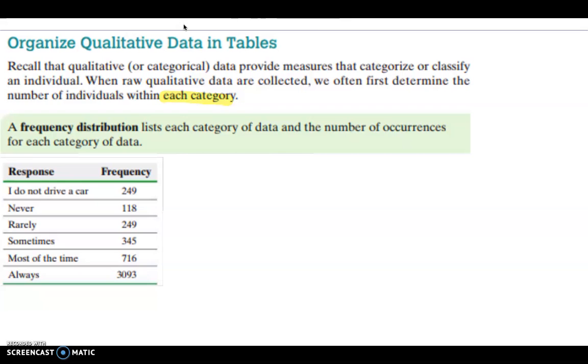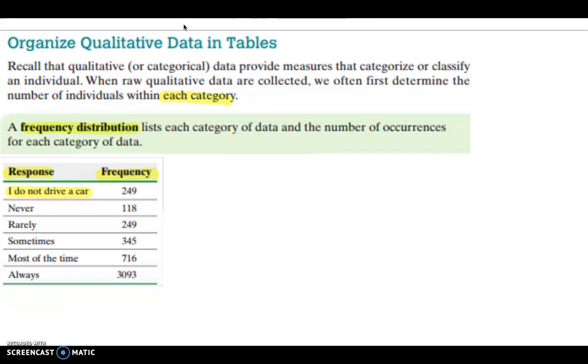We're going to create what's called a frequency distribution. A frequency distribution simply lists each category of data and the number of occurrences for each category of that data. Like in this first one, we have the response to a survey and the number of times that we got that response, or the frequency.